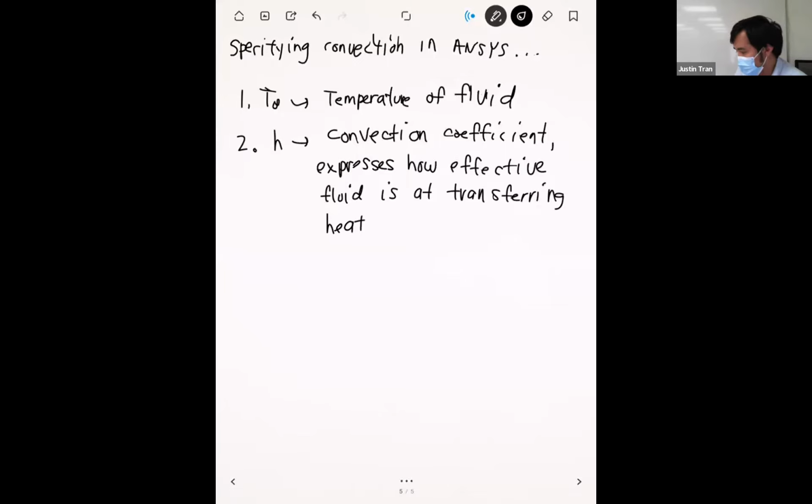Because different fluids are going to be able to transfer heat with different kinds of efficiency. Okay. And this actually depends on a lot of factors.